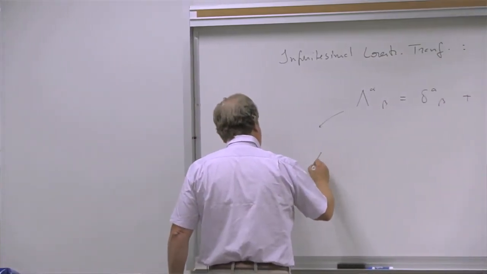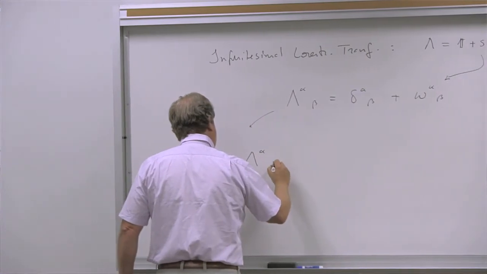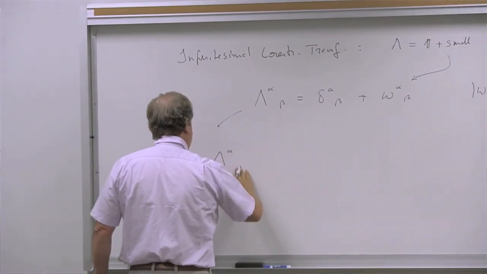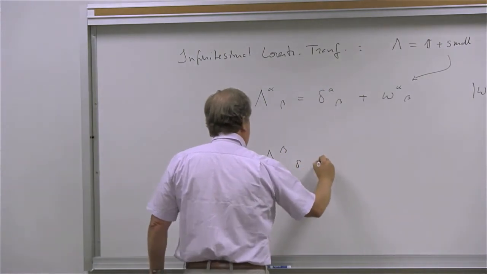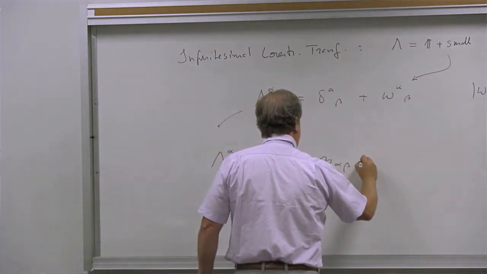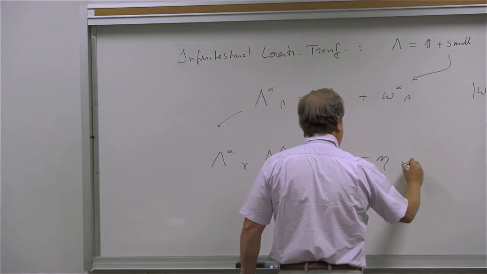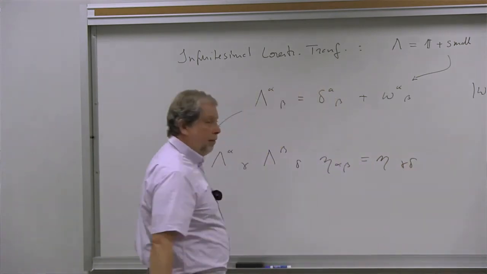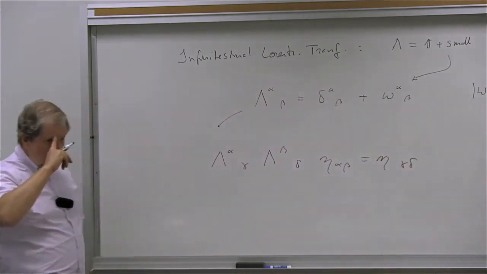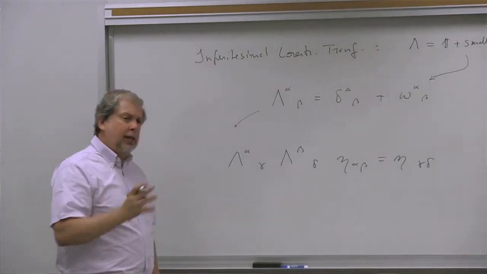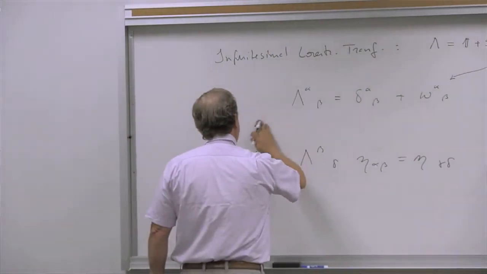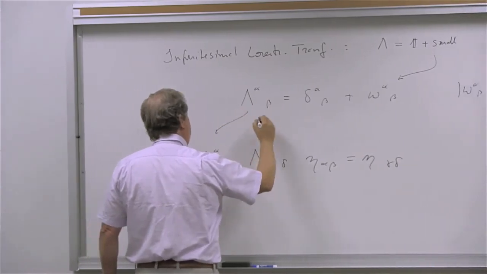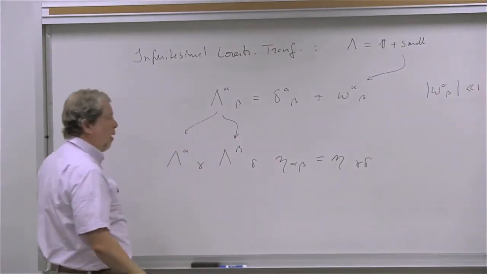That is, we know that lambda alpha gamma, lambda beta delta times eta alpha beta is equal to eta gamma delta. That's the requirement that these things be actual rotations. It's like an orthogonality constraint. So we stick that in here.